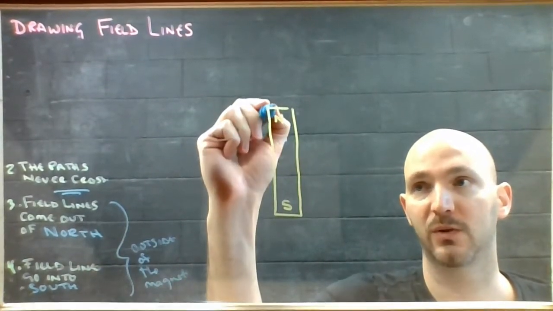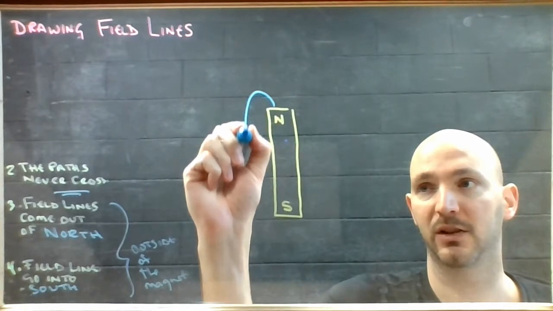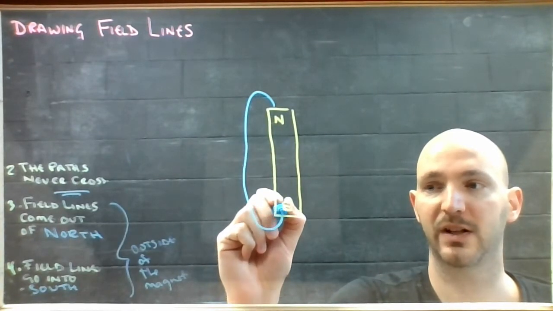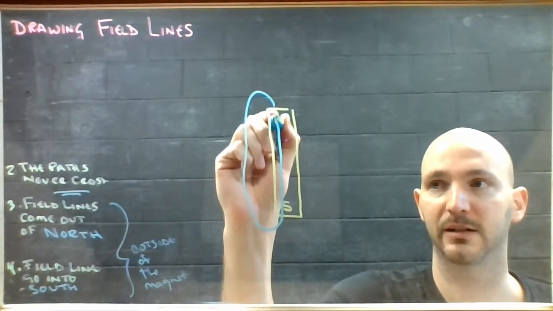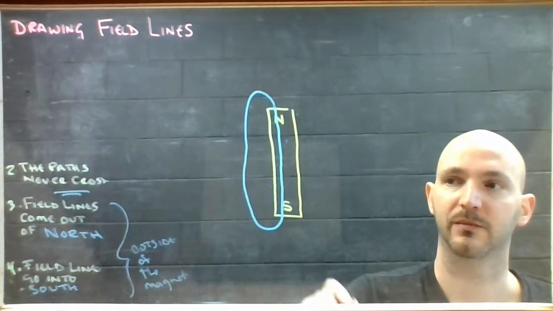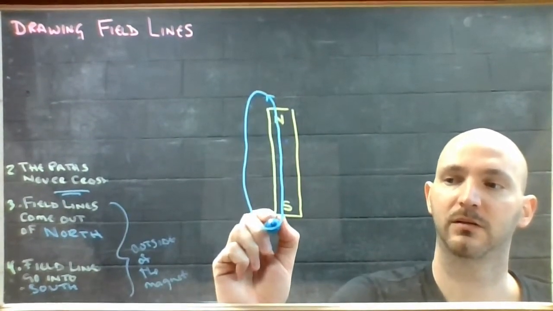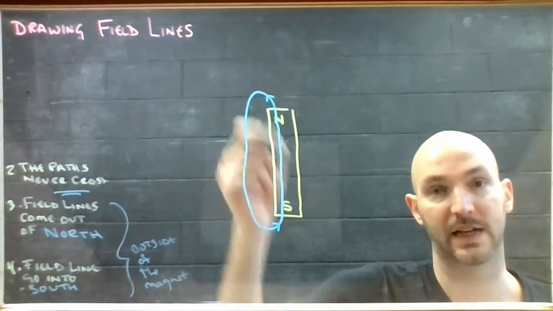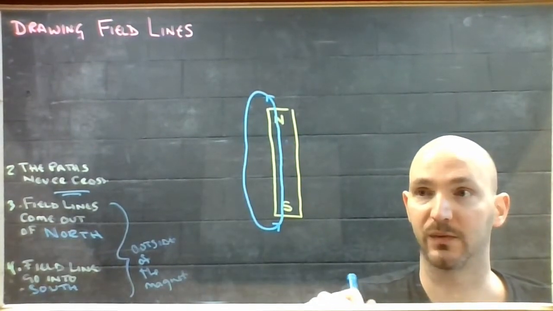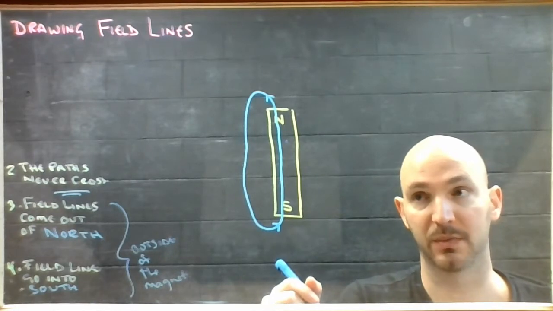I start from a north, I draw my loop back to the south, and then I finish the loop through the magnet. So I have a field like that. And I know I didn't draw anything to infinity because I had to close the loop.